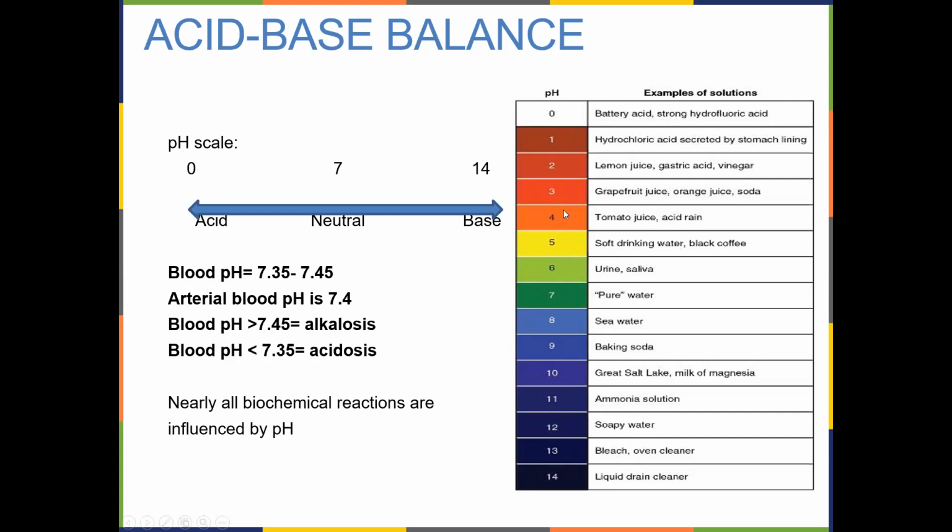You don't hear much about acid rain anymore. Vinegar, gastric acid, hydrochloric acid in the stomach at pH 1 to 2, battery acid. There's still acid inside our batteries, by the way, car batteries. It's usually sulfuric acid.